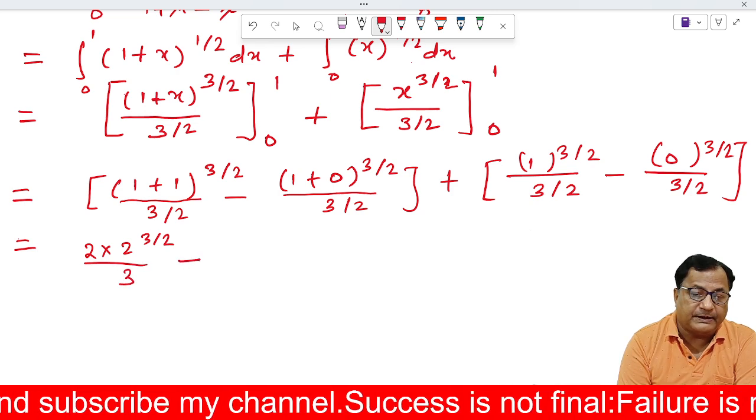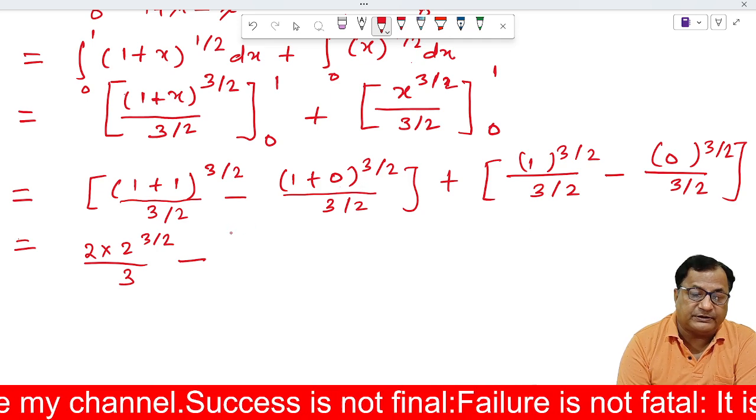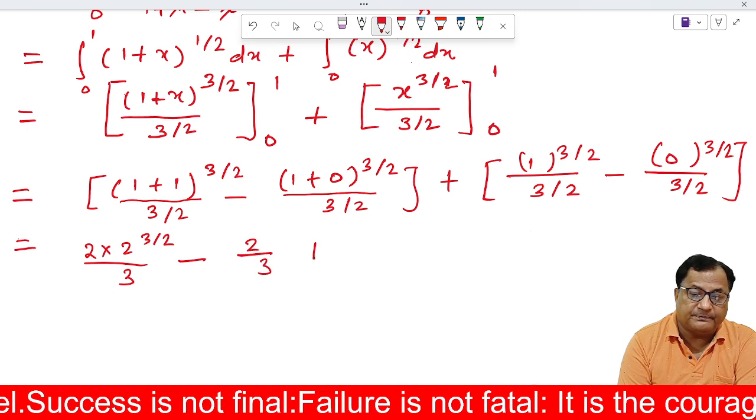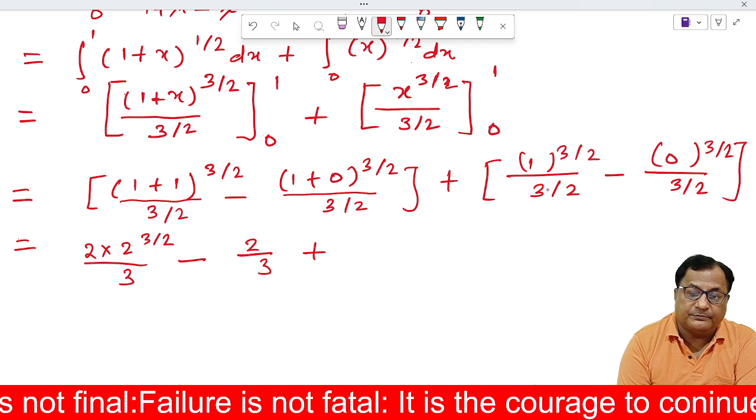So 2/3 times (2 to the power 3/2 minus 1 to the power 3/2, that will be 1), so this will be 2/3 plus here 1, 2/3.